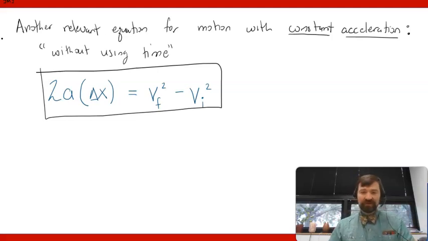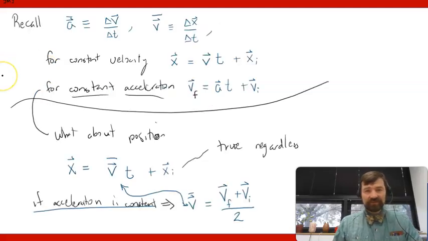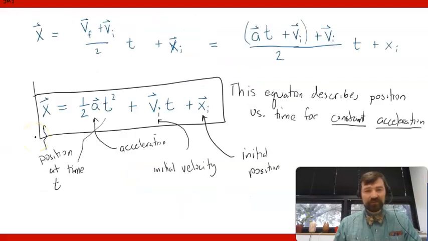This comes from using the equation for velocity versus time and the equation for position versus time, and substituting the velocity into this equation. Really, it solves for time and substitutes for the time in this equation to eliminate time.